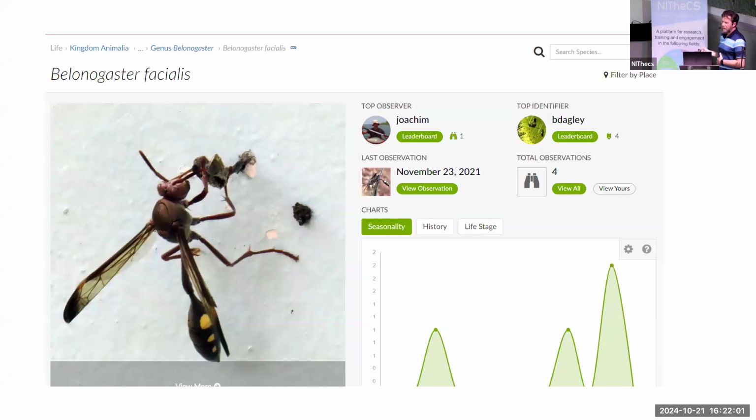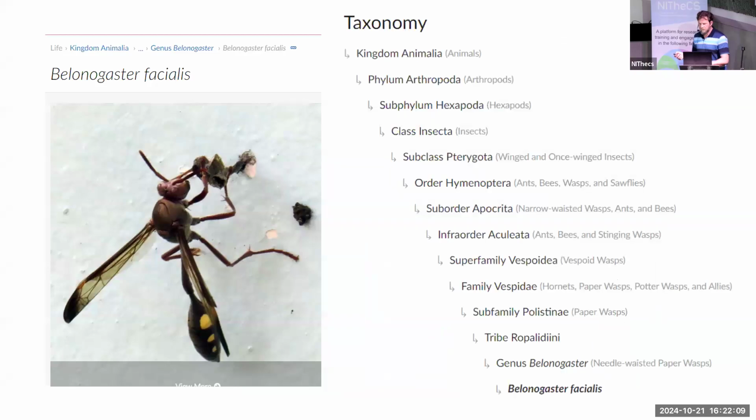So it's Melanogaster fascialis. You get lots of information here, but at the click of a button, you're immediately into some hardcore taxonomy. So now you can see, I talked about the paper wasps, it's down here.